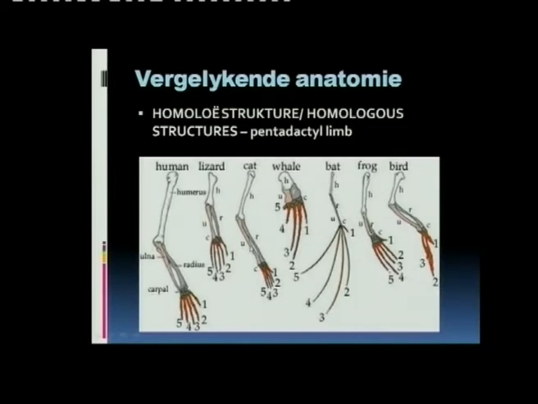A cat can jump, whales swim, bats fly, frogs can jump and swim, and birds fly. These are homologous structures. They all have different functions. But because of the pentadactyl limbs that we all share, that means that we share one common ancestor. And I think that is important.